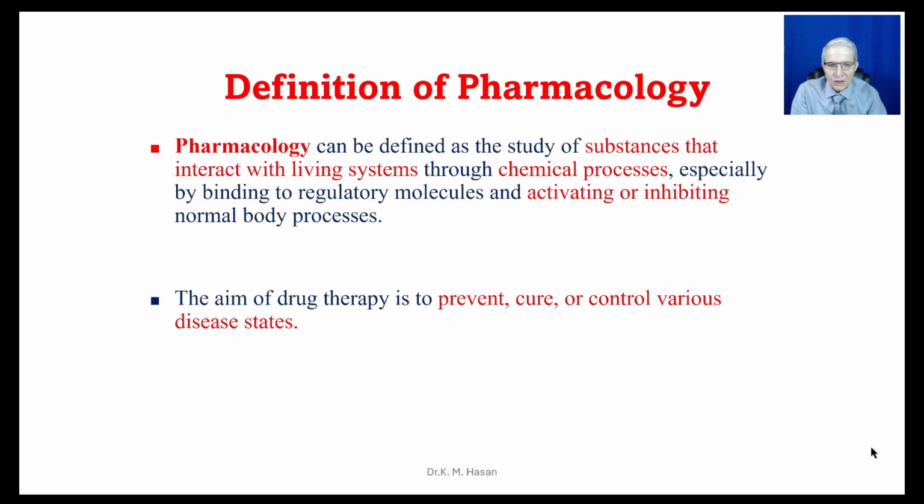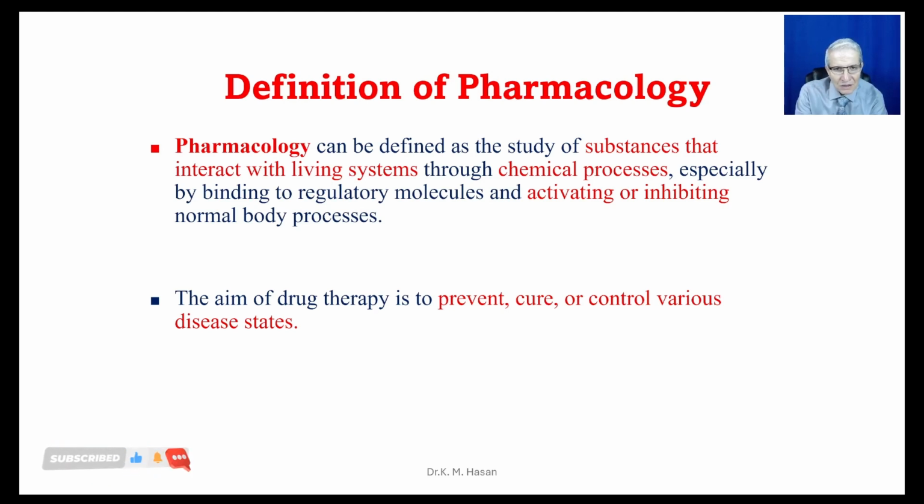Okay, the definition here before we start in detail explaining terminology in pharmacokinetics, pharmacodynamics, and pharmacogenomics. We need first to define what is pharmacology. Pharmacology may be defined as a study of the substances that interact with the living system.